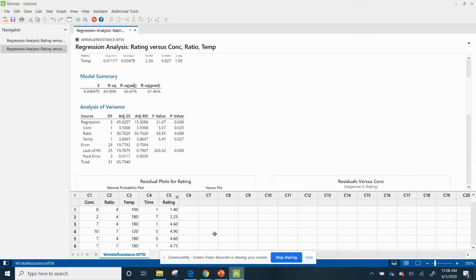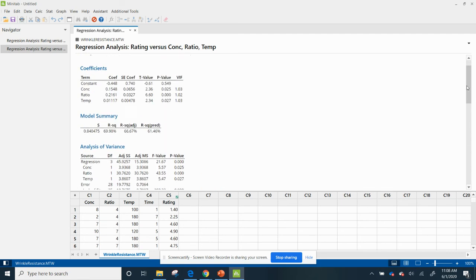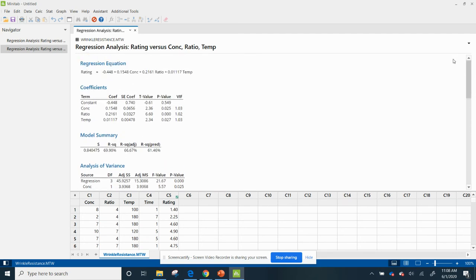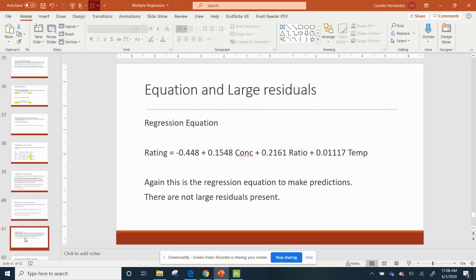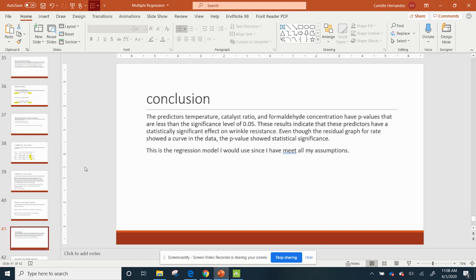If I go back and look for my new stuff, oh, cool. I got rid of that large residual by taking out the time. So that's what was going on. I don't have any large residuals, so my model is preferably better. So what's my conclusion?